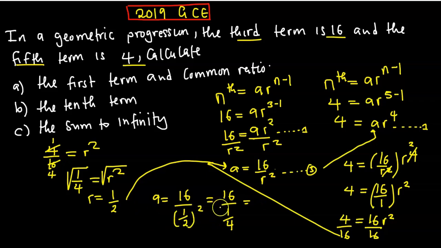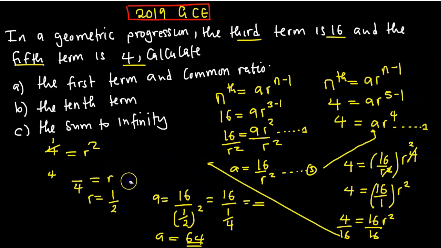So 16 over 1 over 4 is just the same as 16 multiplied by 4, or 16 divide 0.25. In this case, 16 divide 0.25 is giving us 64. So our a is equal to 64. So that is our a. So we've answered the first question.